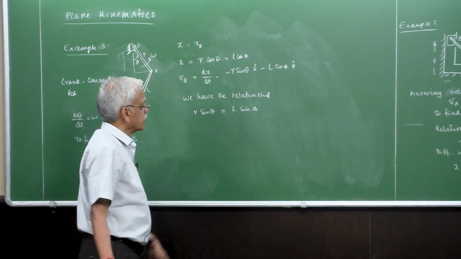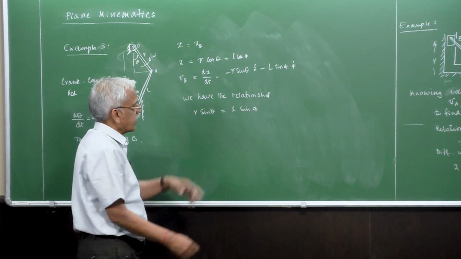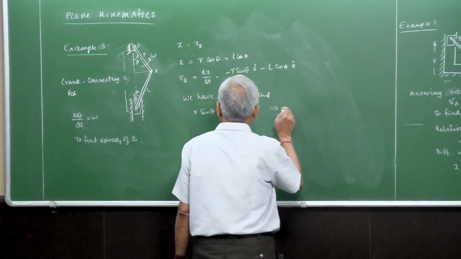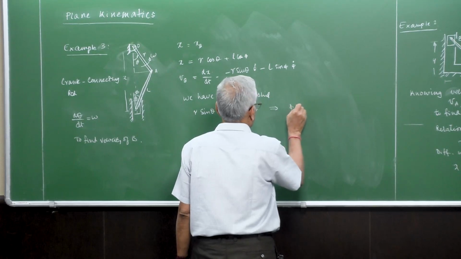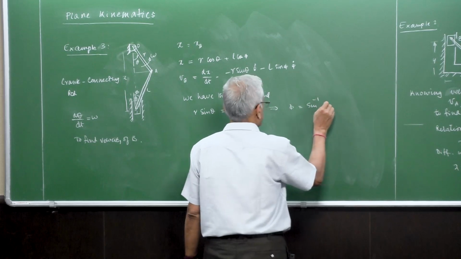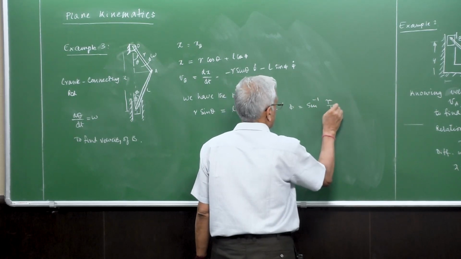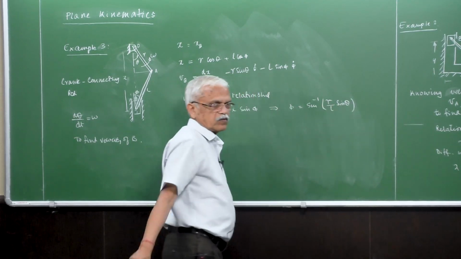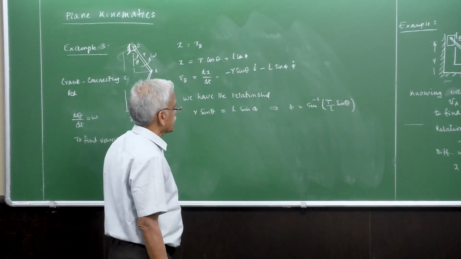So this is the angle. That means that for any theta, if you want phi, phi is nothing but sine inverse of r sine theta by L. So it's possible to calculate.